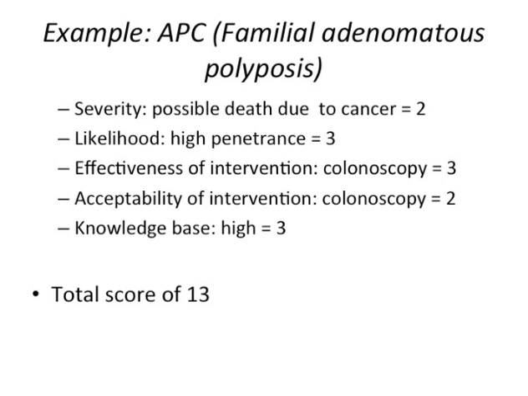Colonoscopy is a very good screening tool, so effectiveness of intervention was a 3. And the acceptability of intervention, at least yearly colonoscopies, got a 2, and the knowledge base was felt to be high, and so got a 3. That actually got a bit higher score, a total score of 13.